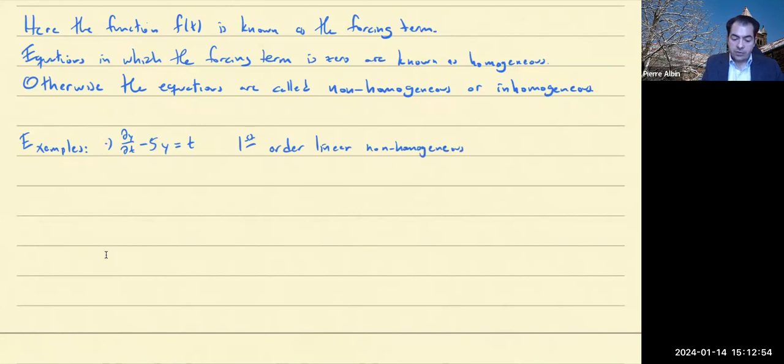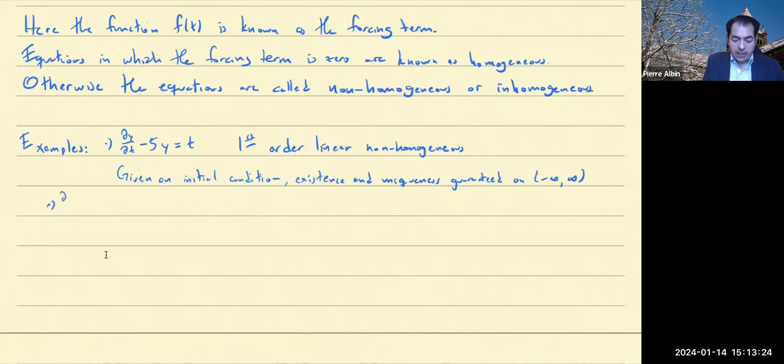The coefficient functions are continuous everywhere. So given an initial condition, the existence and uniqueness are guaranteed on the entire real line, from minus infinity to infinity.